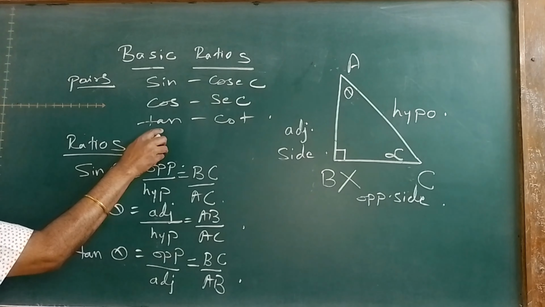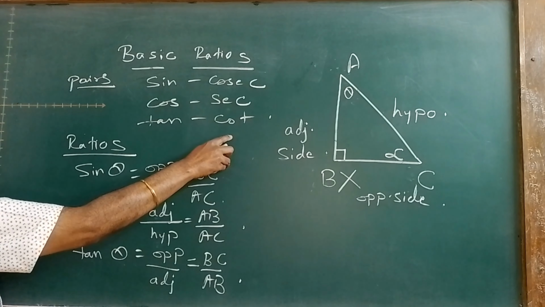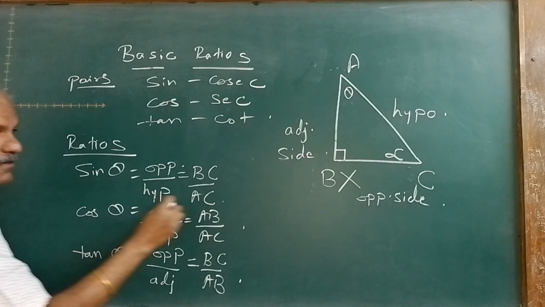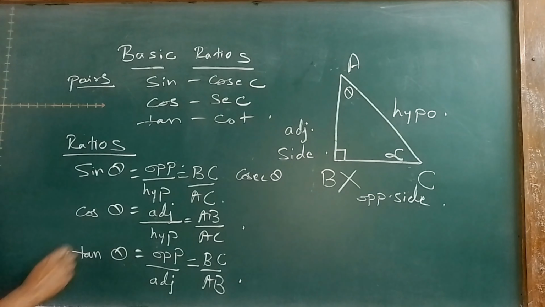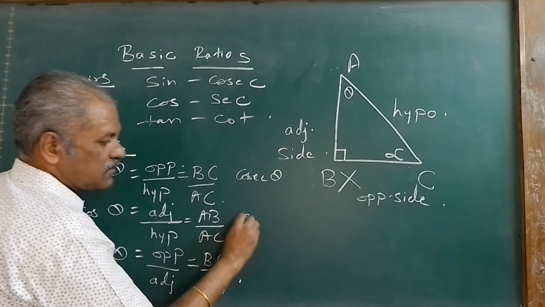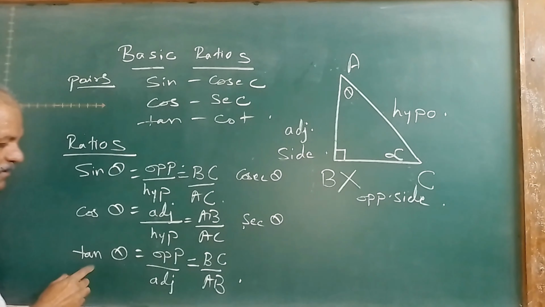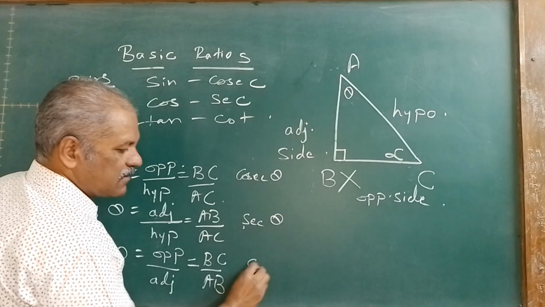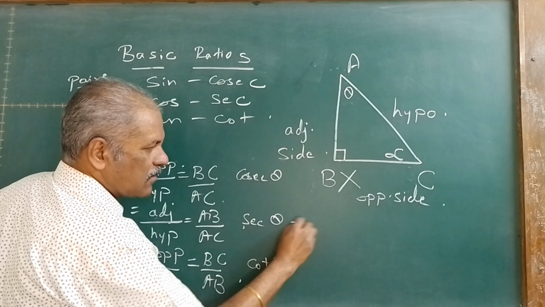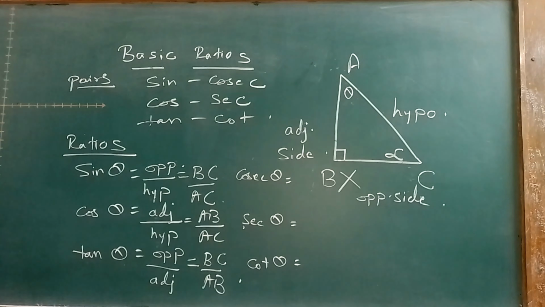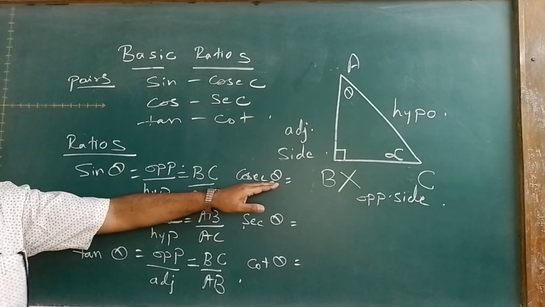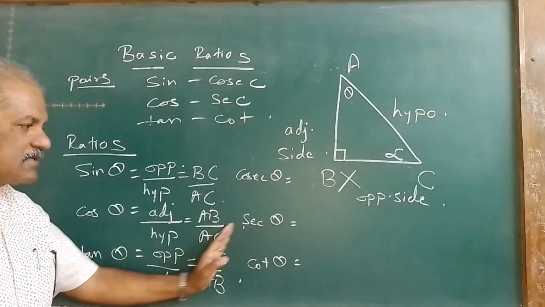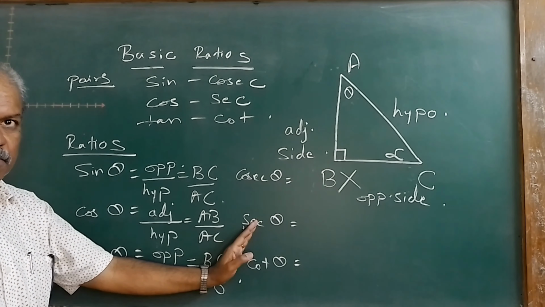This was this part. Now we go with this part. What is the pair of sine? Cosec theta. Pair of cos, sec theta, and pair of tan is cot theta. Remember, sine and cosec will be inverse of each other. Cos and sec will be inverse of each other.